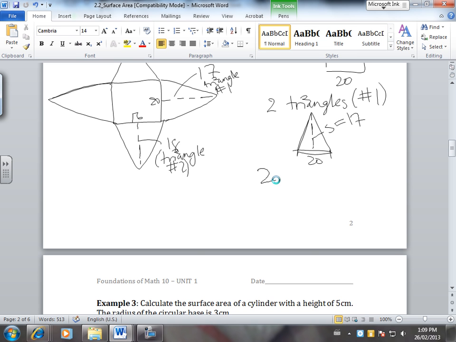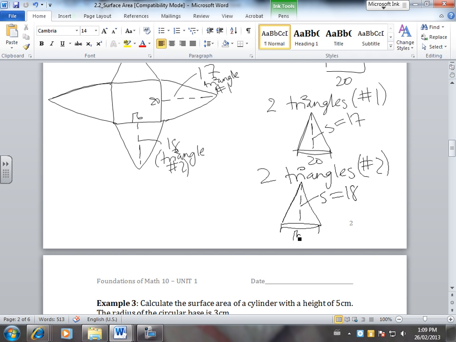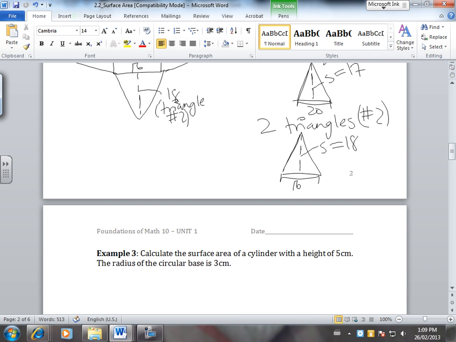And then we have 2 triangles that are number 2. This slant height equals 18, and the base equals 16. And then we can figure out the area for each of those. So I'll do it here.